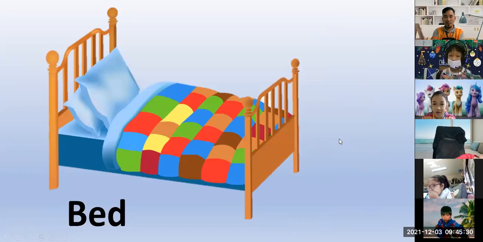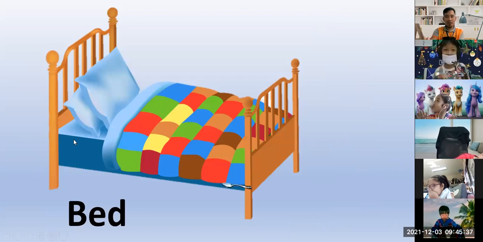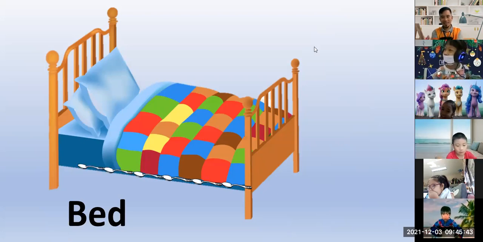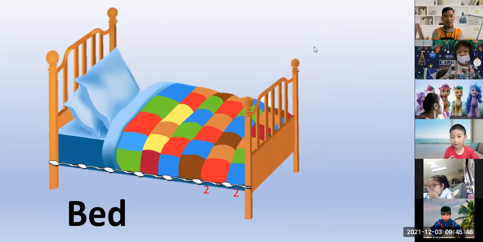Now here, next one, my bed. This is my bed. So I will measure 1, 2, 3, 4, 5, 6, 7. So that is 2 plus 2 plus 2 plus 2 plus 2 plus 2 plus 2.